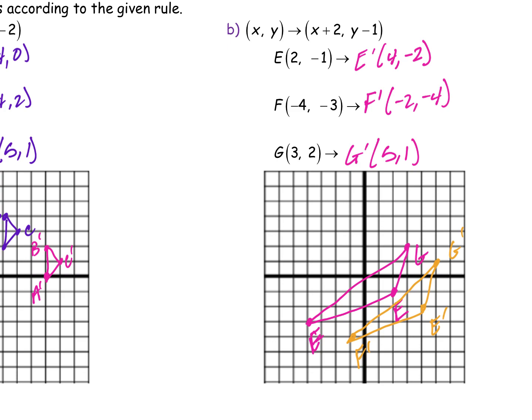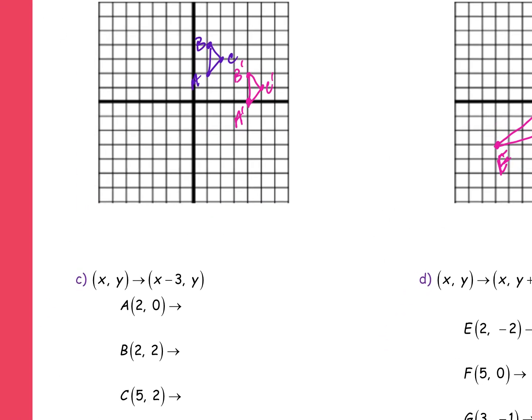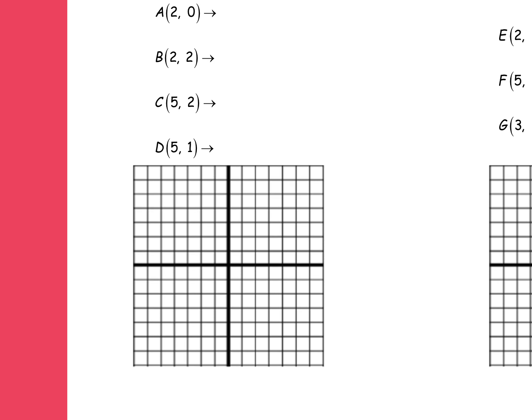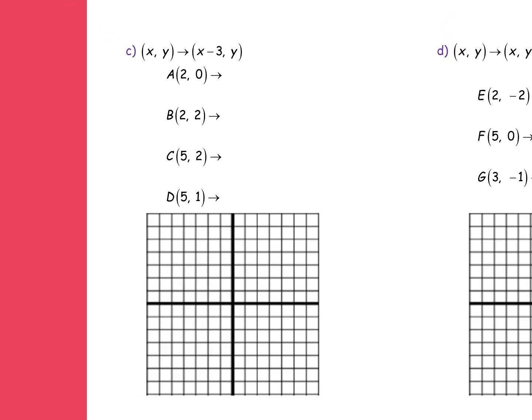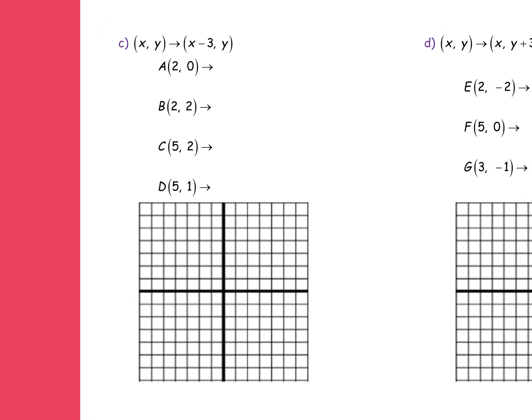I'm so glad you guys are doing good with this. Okay, D. Oh, we got more points. Great. Okay. So what is A prime? Where's A prime located at? Negative 1, 0.